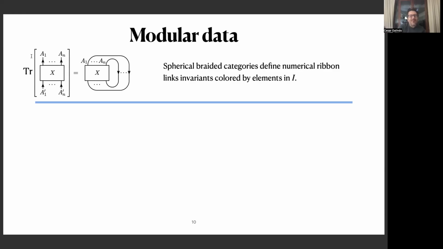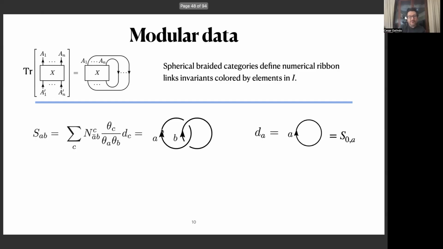Sorry, in this particular case it is a bit confusing without the primes. It's a map from here to here. And the point is that you can associate to any such morphism a scalar, which in many cases has a very nice interpretation in terms of ribbon knot invariants.